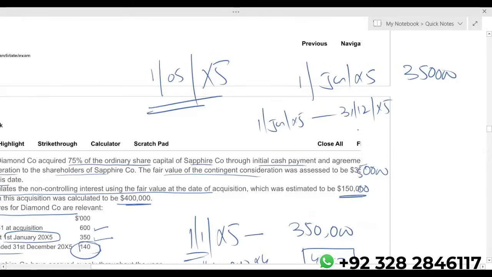Can I say 4 months is a period of pre-acquisition and logically 8 months is a post-acquisition period? Only pre-acquisition profit I'm going to take because my acquisition date is 1st May X5. Directly at 1st May X5, examiner has not given me the retained earning, so I have to calculate that.